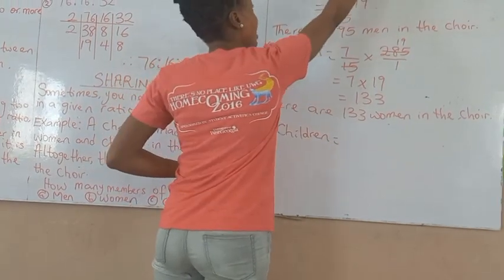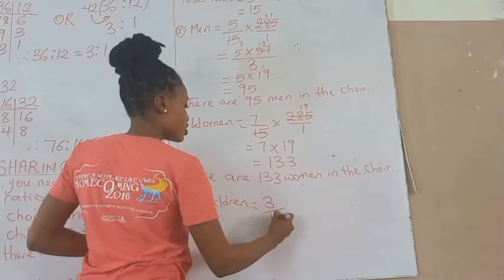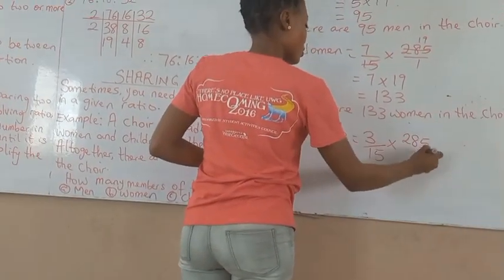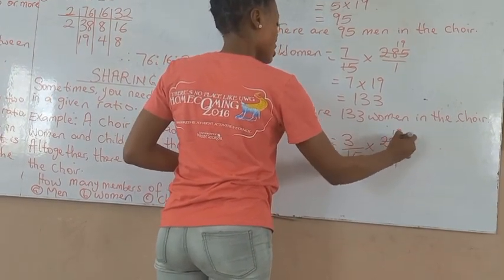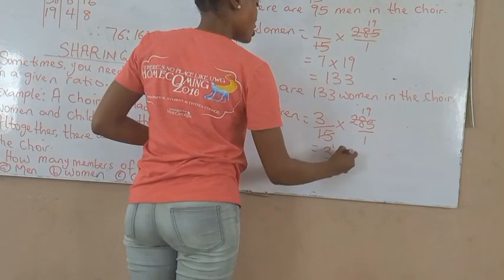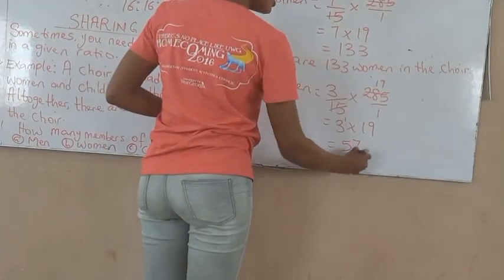For children, their part is 3, that's 3 over total ratio, 3 over 15, multiplied by 285. 15 here, 1 here, 19. Therefore, 3 times 19 equals 57.